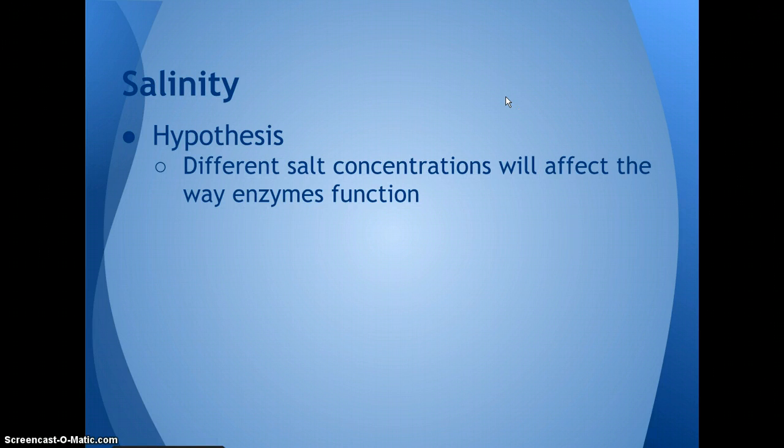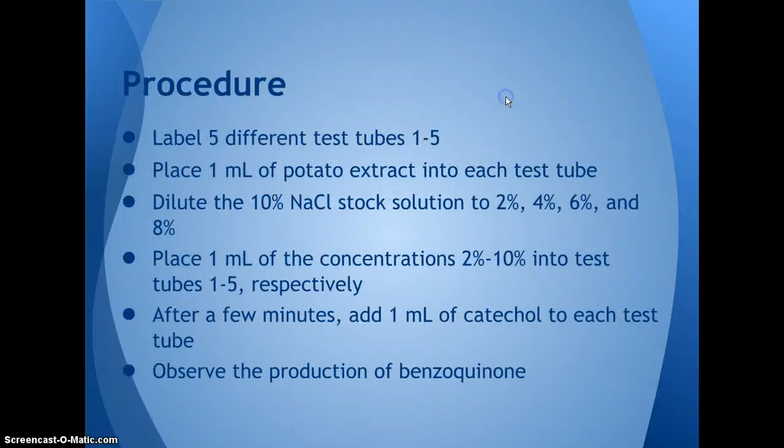So next was salinity, and our hypothesis was that different salt concentrations will affect the way enzymes function. The procedure for this was to label 5 different test tubes, 1 through 5, and place 1 milliliter of potato extract into each test tube. Available to us was a 10% sodium chloride stock solution, so we would have to dilute that to 2%, 4%, 6%, and 8%.